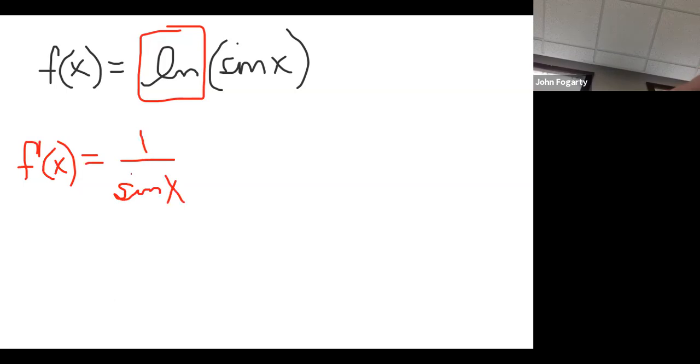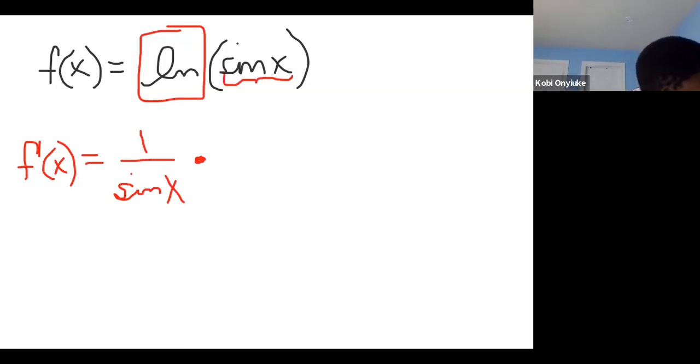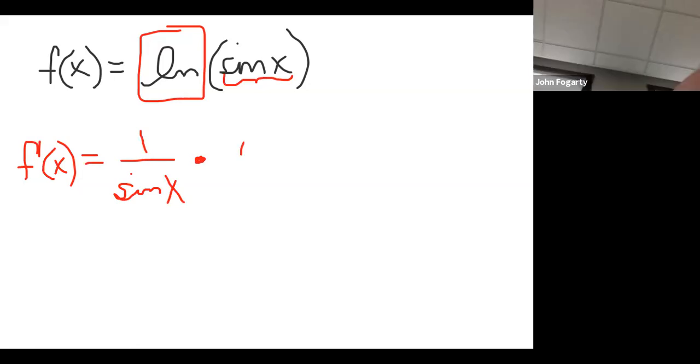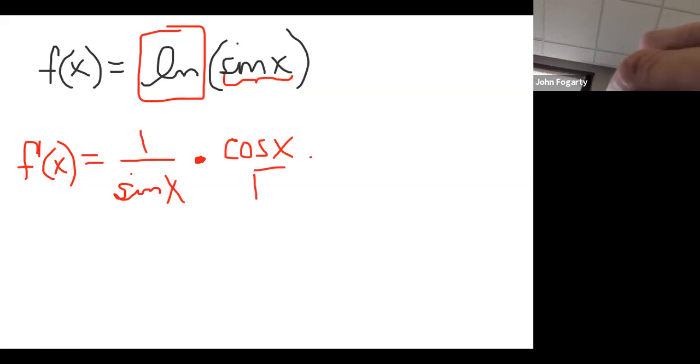Now, the second part of doing the chain rule is to multiply it by the derivative of that. What is that? Cosine of x. And then, of course, you can do this, right?